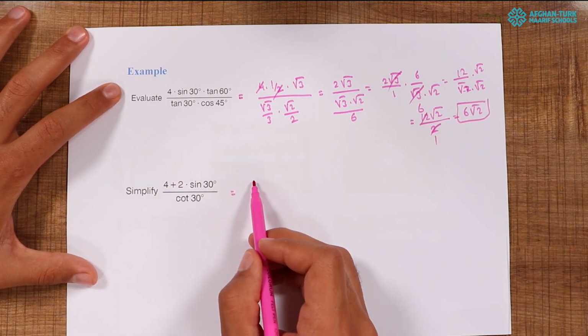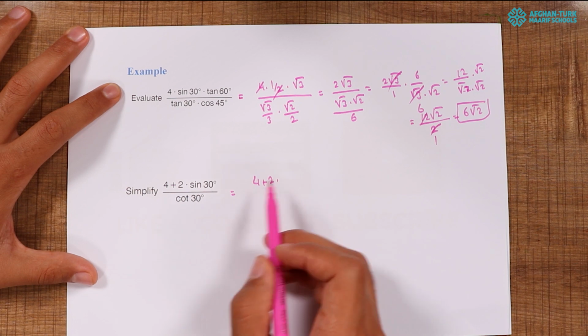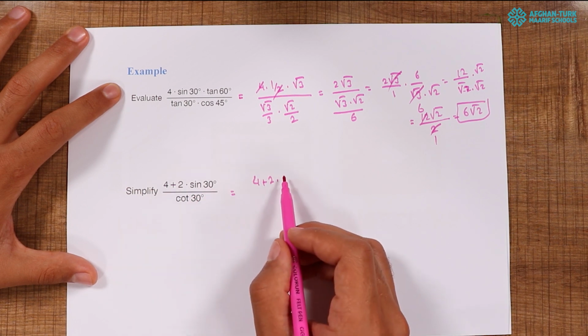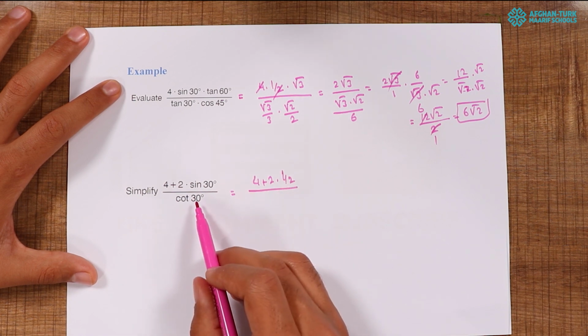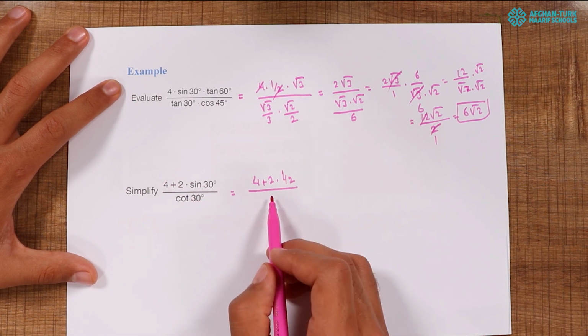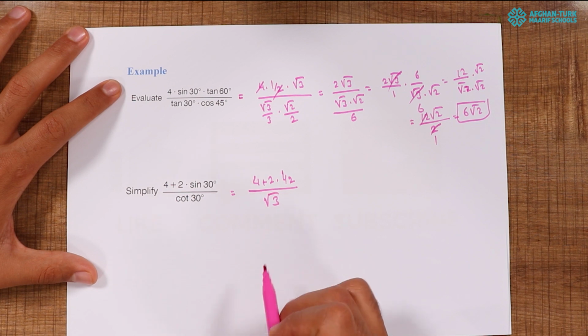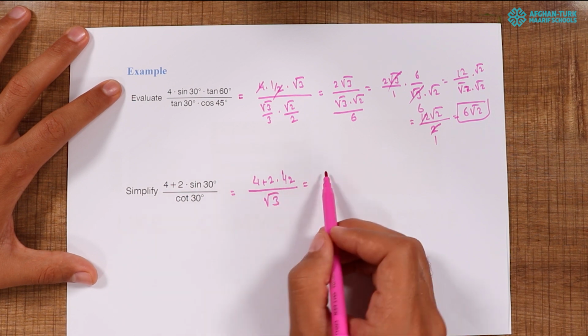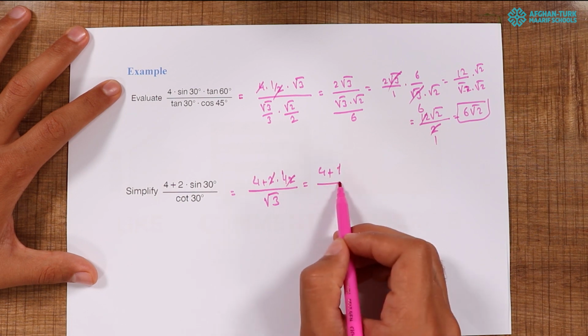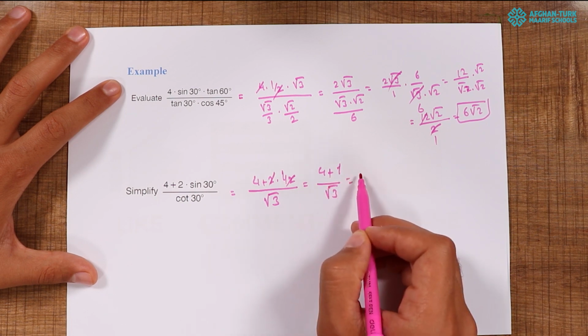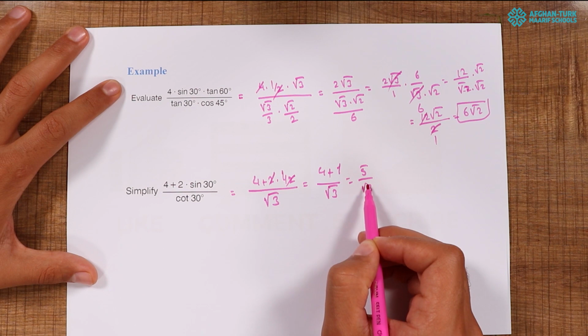And also, 4 times, what was sine of 30 in the previous page? 1 over 2, over cotangent of 30. You have to remember, this is a square root of 3. So, 4 times 1 over 2 cancels with 2. 4 plus 1 over square root of 3. So, 5 over square root of 3.